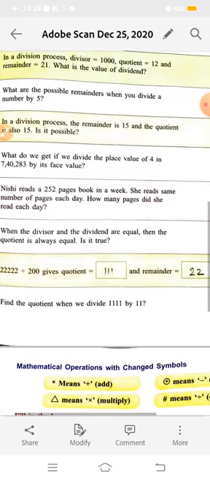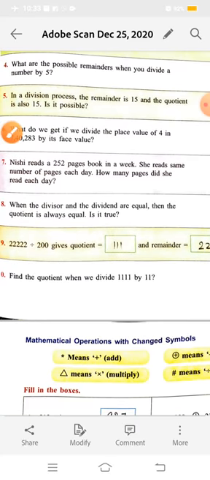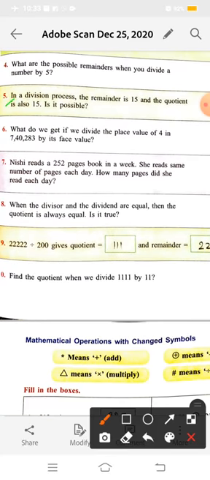Now, in a division process, the remainder is 15 and the quotient is also 15. Is it possible? Yes, it is possible. How? See here, question is asking that if your remainder is 15, then your quotient also 15.